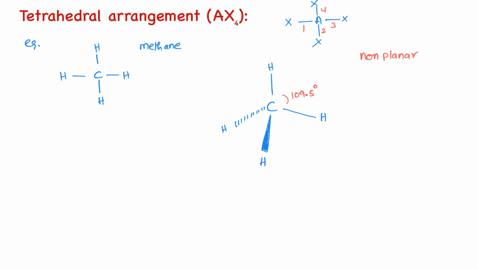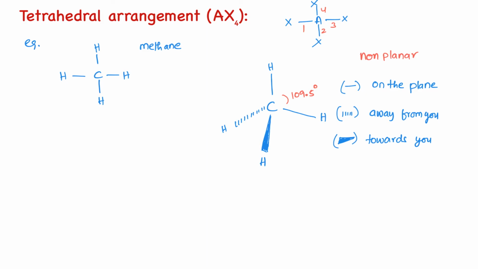The bond represented by a solid line means that it is on the plane of paper. The dashed line represents a bond that is going into the plane of the paper and away from you. The bond represented by a wedge is coming towards you.